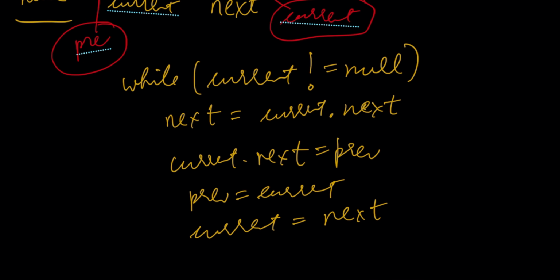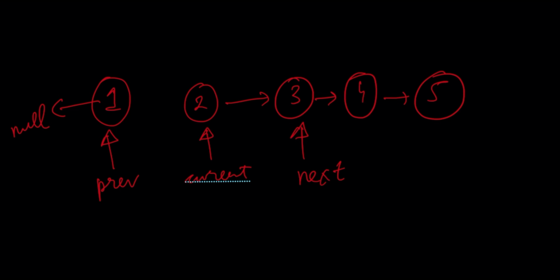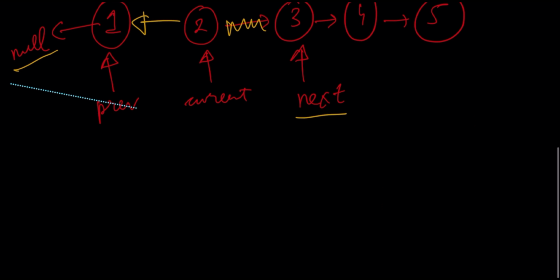So now let's have a look at the next iteration. After the first iteration we have this situation. Here our node 1 is set to the null node, and now we are going to set the next pointer of our current node to point to previous. So we're going to update this to this, and we already saved our next pointer, and we move on to our next iteration. For the next iteration the situation would be something like this.